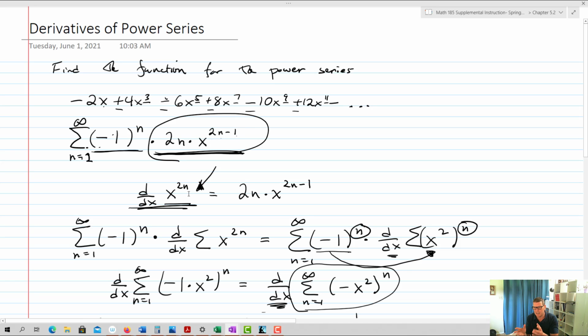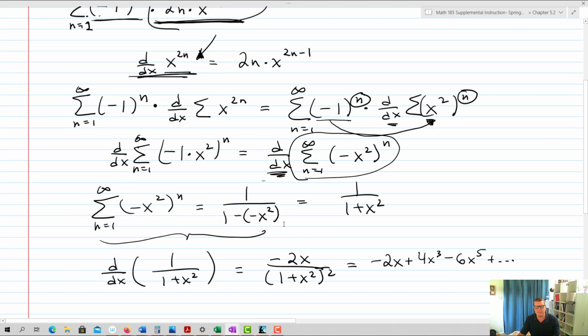So you might have to play with that a little bit. When we bring in the negative, x to the 2n gives us something we can work with in terms of our common table of power series: 1 over 1 minus x, where we sub in the x squared.